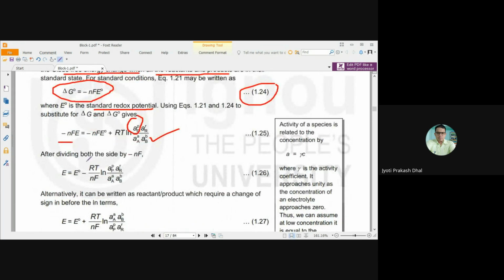Now, in this equation 1.25, if we divide both sides by minus nF, then the equation can be converted into E equals E° minus RT by nF ln activity of P to the power p into activity of R to the power r divided by activity of A to the power a into activity of B to the power b.